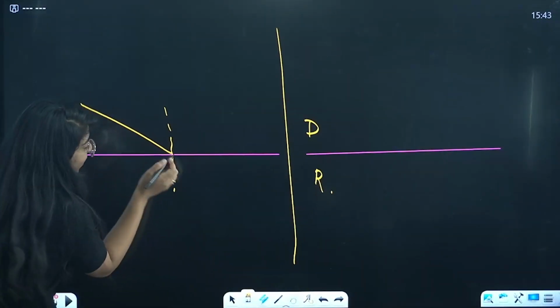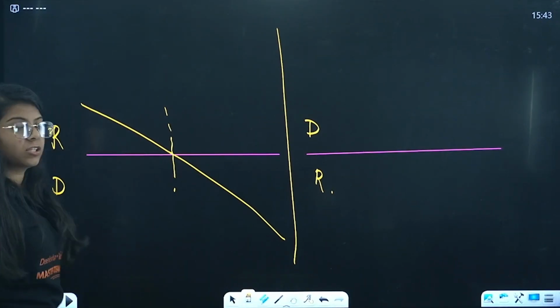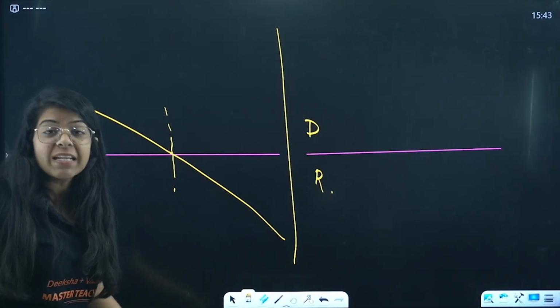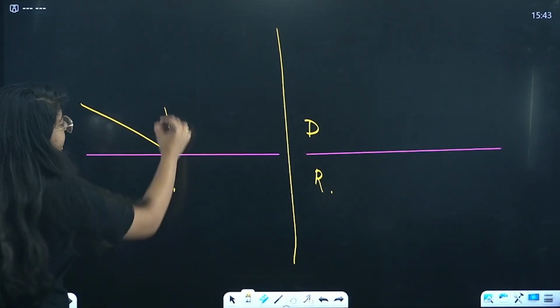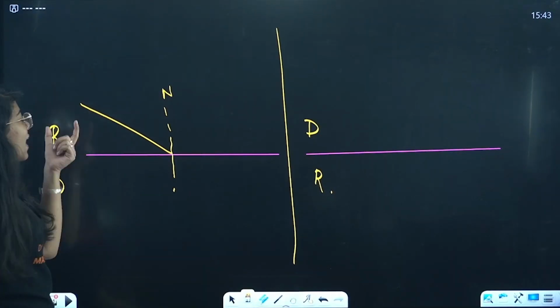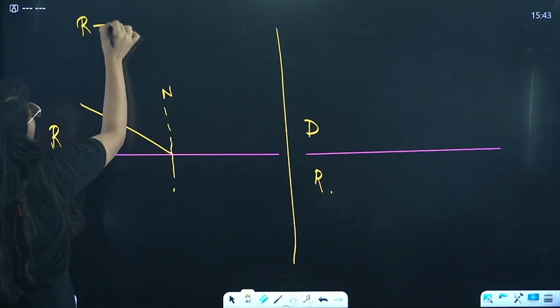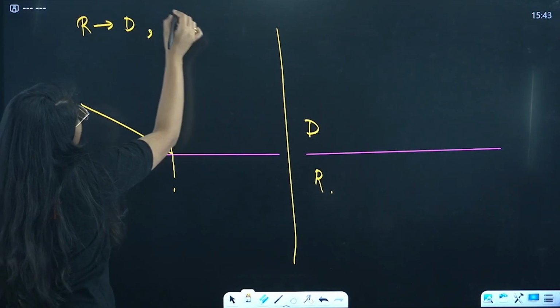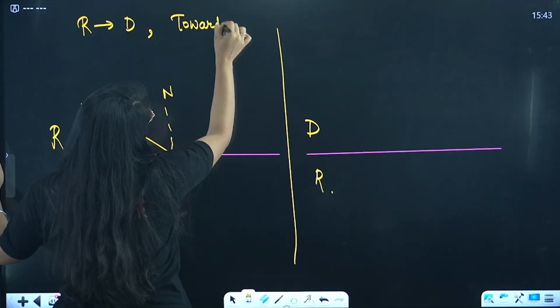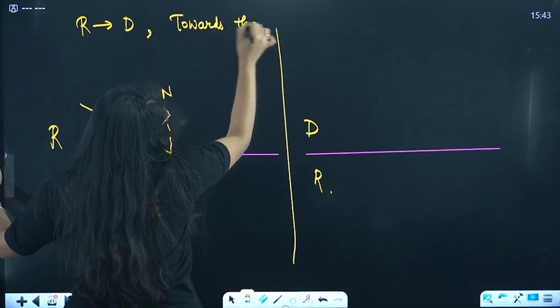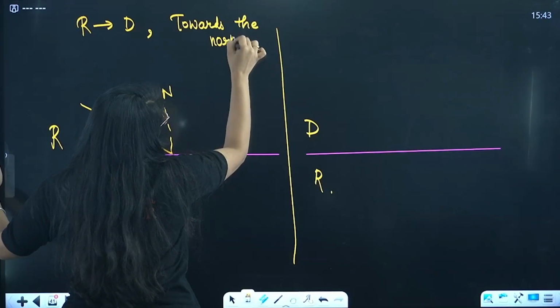Technically it should go straight, but it bends. Where should it bend? This is the normal. So when traveling from rarer to denser medium, the light will bend towards the normal.